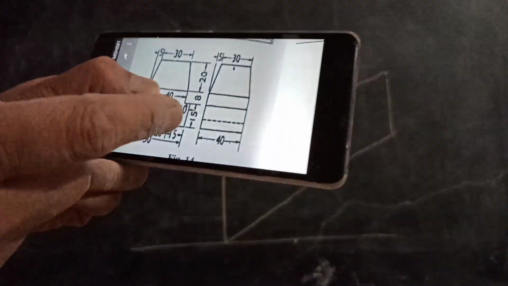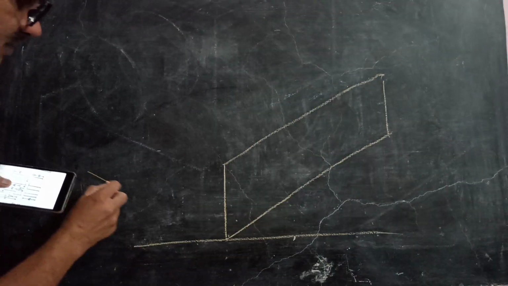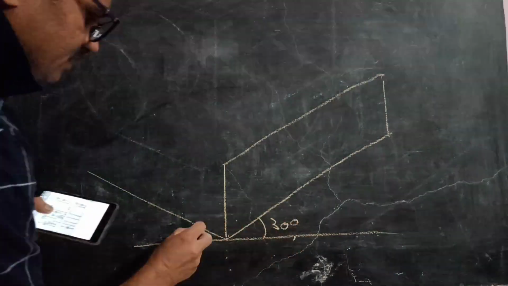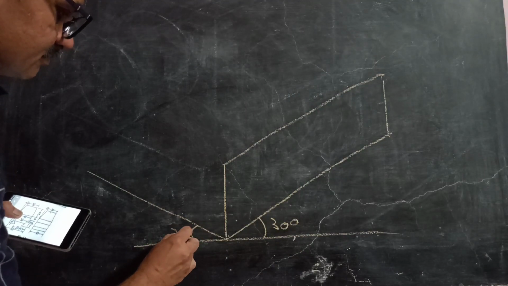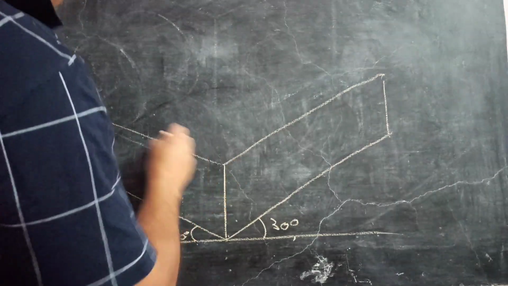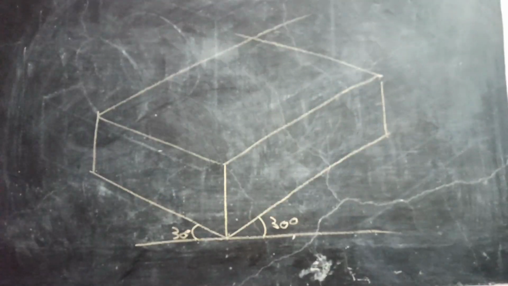Width is given in the left hand side view, that is 40. So 40 at, again this angle is 30 degrees. Again this angle is 30 degrees. So complete this. You can complete this box 50 by 40.